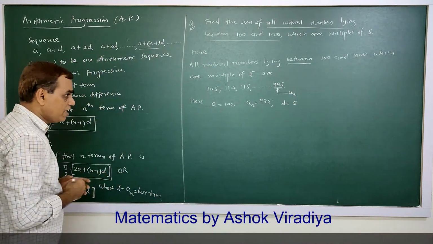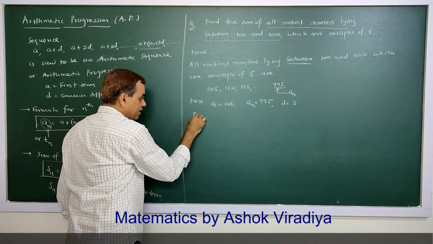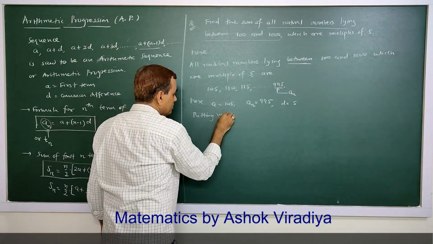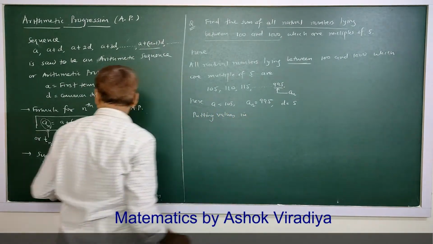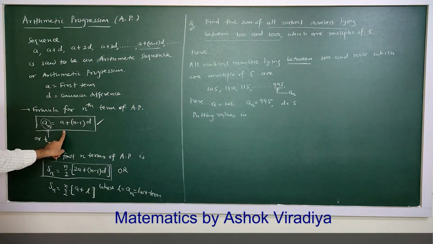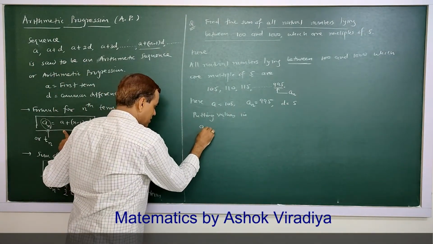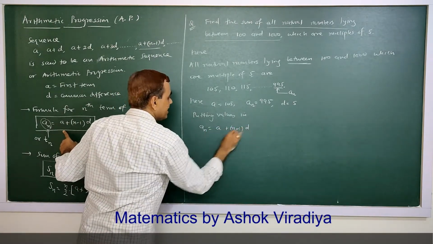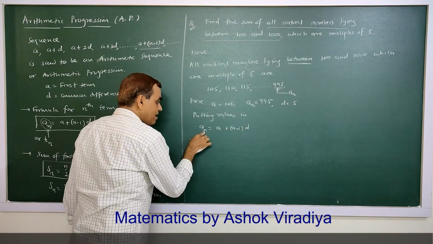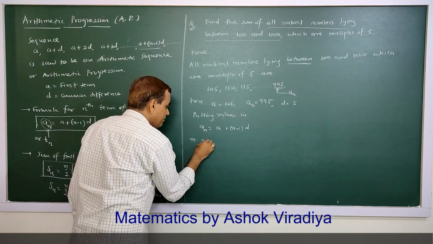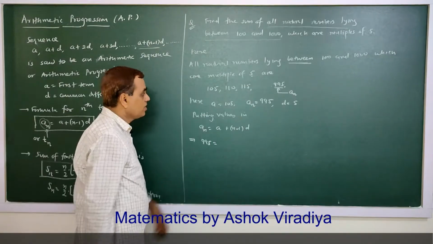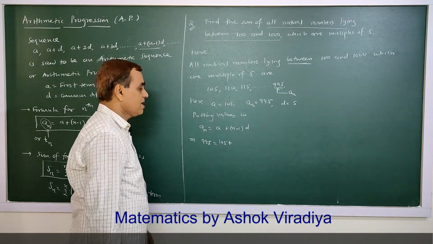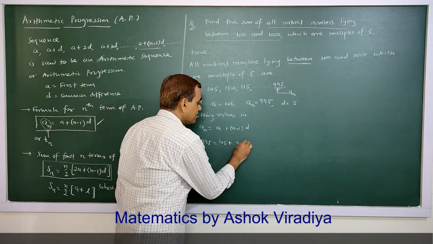So putting these values in this formula, an is equal to a plus n minus 1 into d. Our last term we know is 995, a is 105, and n is what we want to find.